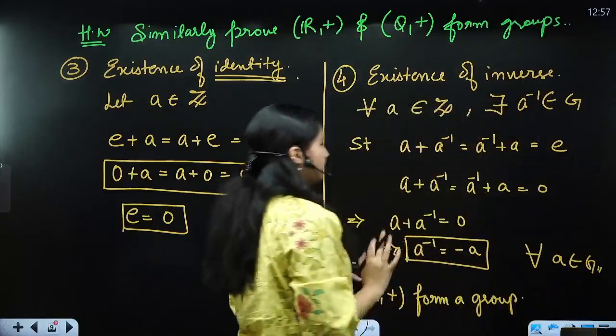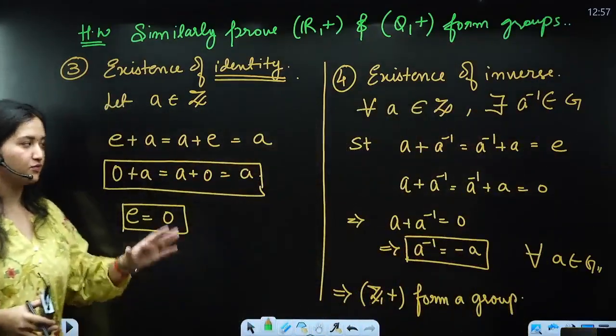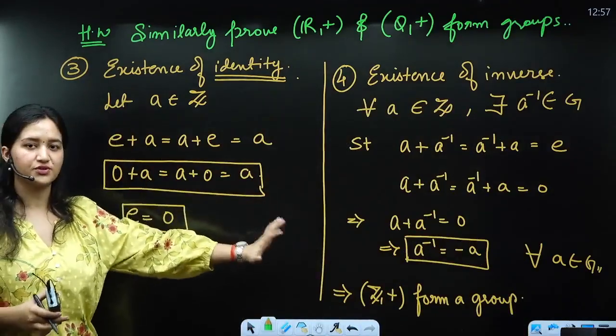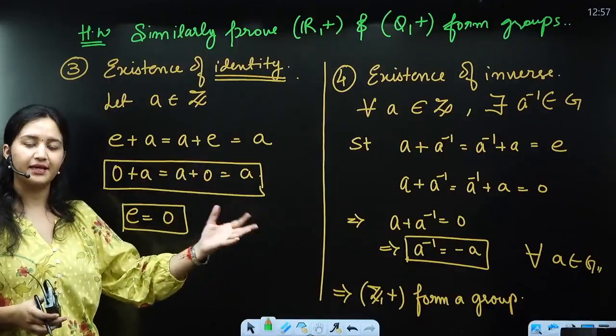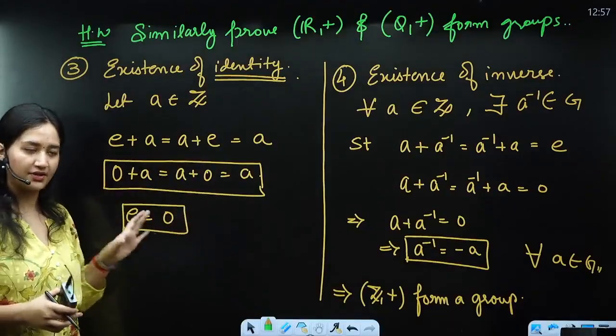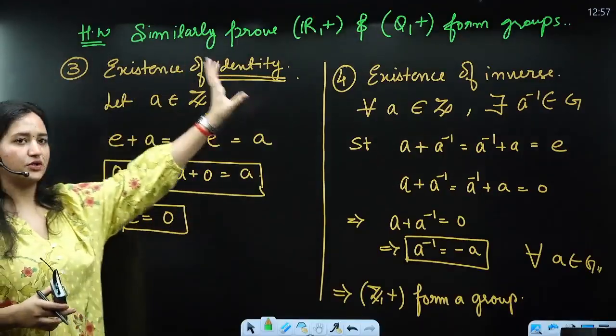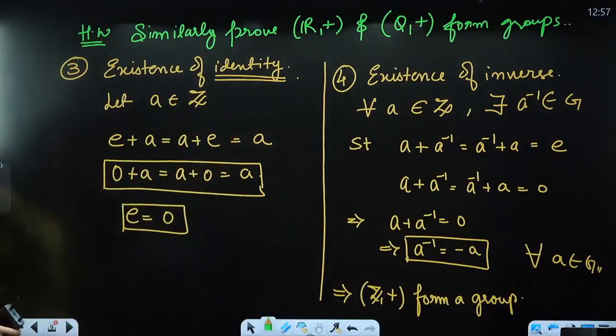And be very clear about the steps that you are writing. What is given, what you are supposed to assume, and what you are going to think about, which element it is, what type of element it is. So be very careful about it, right? So these two you will do. Similarly, we can prove them.